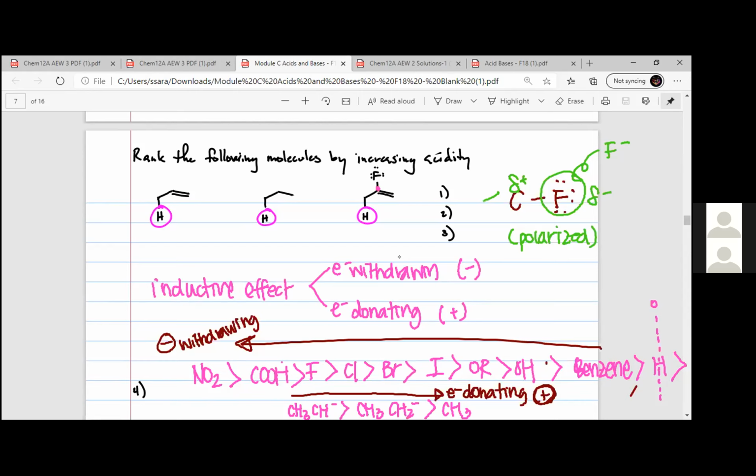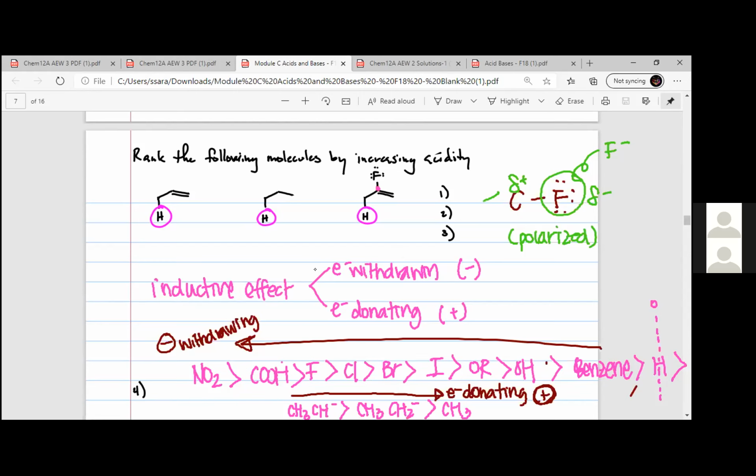Sometimes I thought maybe I was doing the opposite for base. So I get confused about the difference between acidity and basicity when I'm trying to figure out the increasing order. It really depends on which acid and base you're talking about. If it's Lewis acid and base, it's going to be a little bit different from that of Bronsted-Lowry acid and base, right?